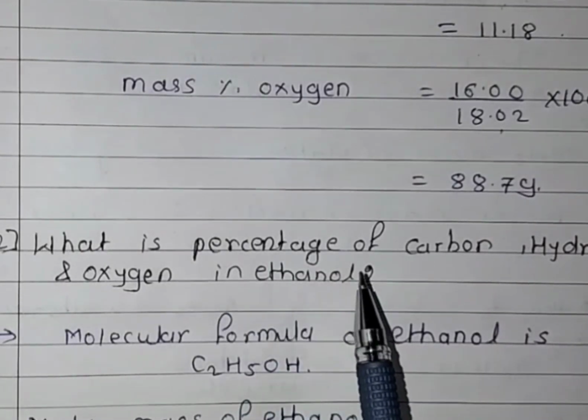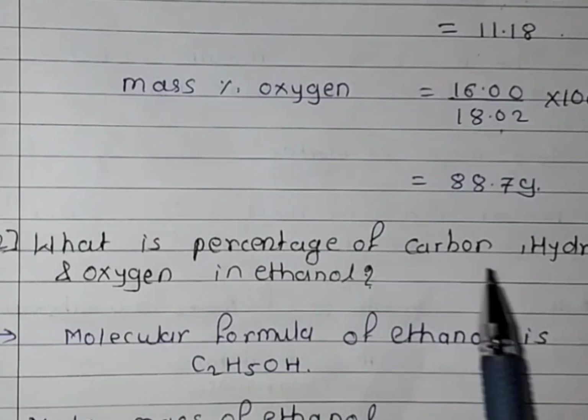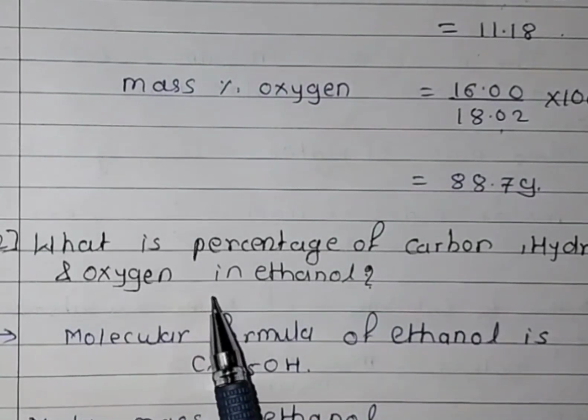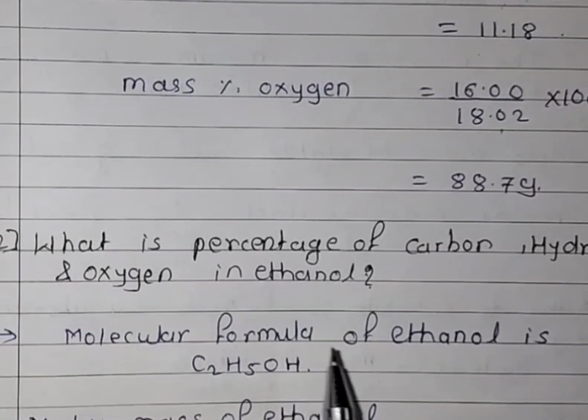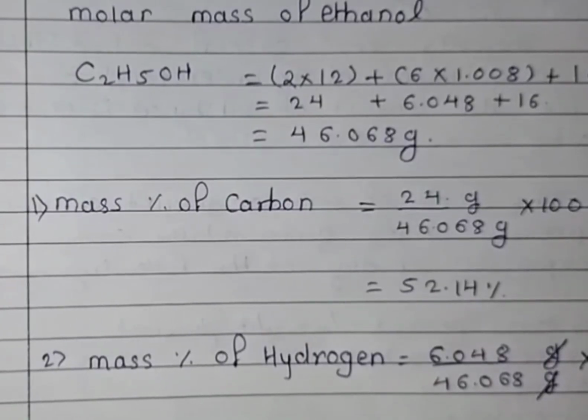What is the percentage of carbon, hydrogen and oxygen in ethanol? The molecular formula of ethanol is C2H5OH. First, the molar mass of ethanol.